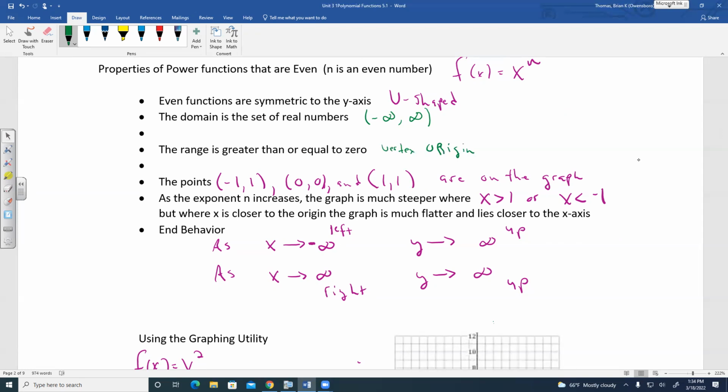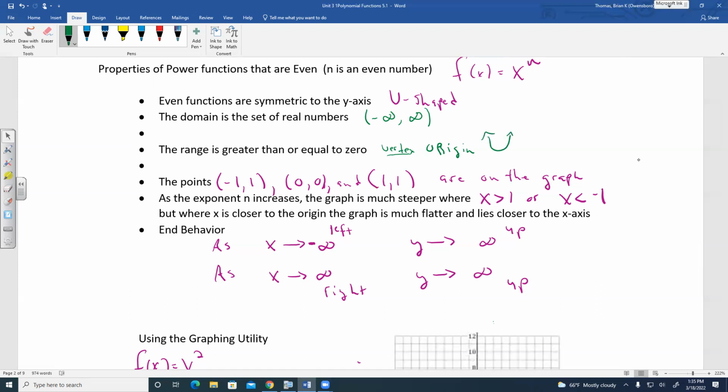So we're taking out any kind of reflections, stretches, or compressions at this point. So keep that in mind. It's always going to start out with a vertex at the origin, and it's going to be opening up. So it's going to take on this look to start with.